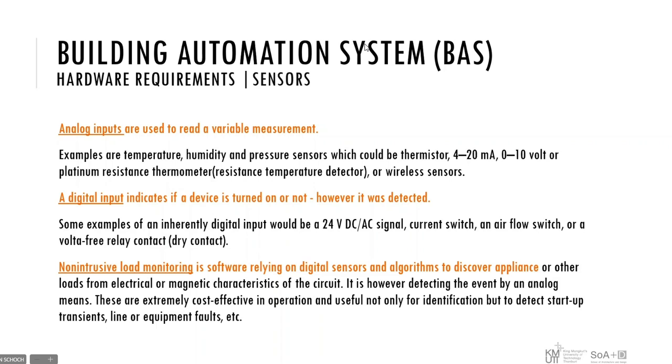There are different kinds of inputs. We don't need to go too much into detail with that. Any kind of sensors run on different sorts of inputs. There are analog inputs. So for example, an analog input is basically the measuring of the temperature that is then turned into a certain voltage.